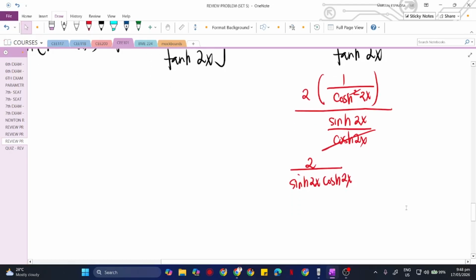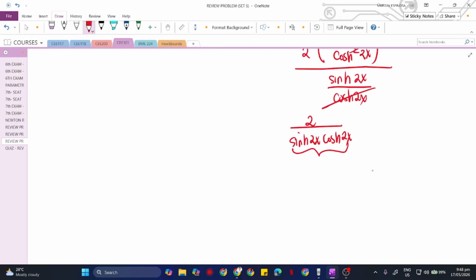Now, if you remember this one, this is just a double angle identity. So that would become 2. Since if we multiply 2 here, then we can multiply 2 here, no?